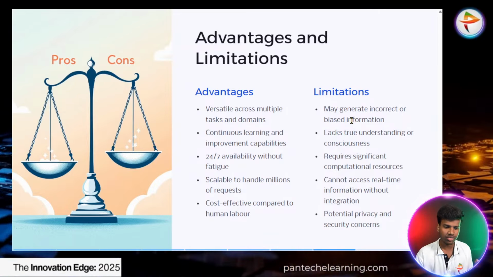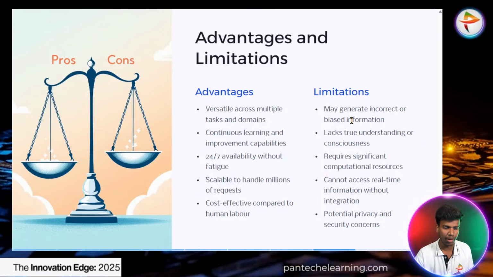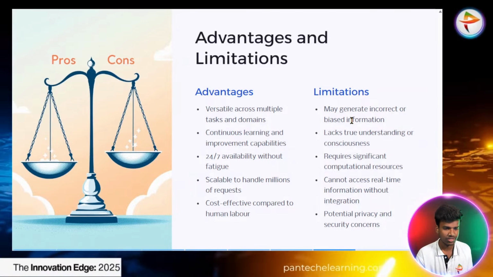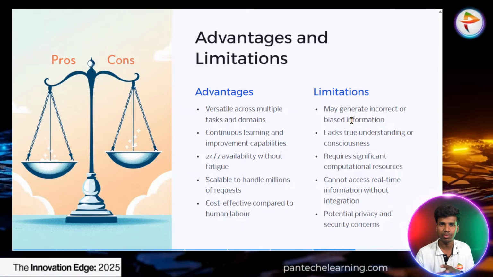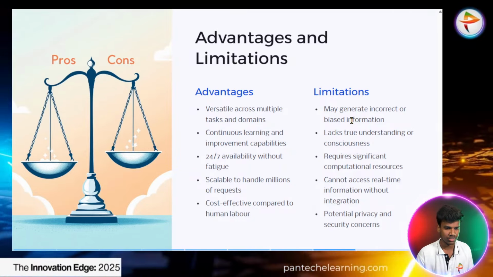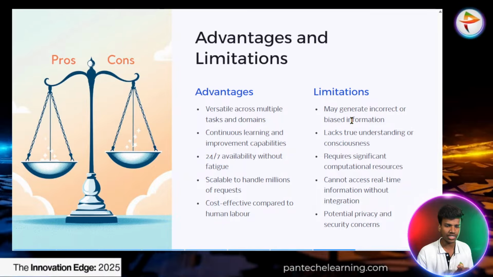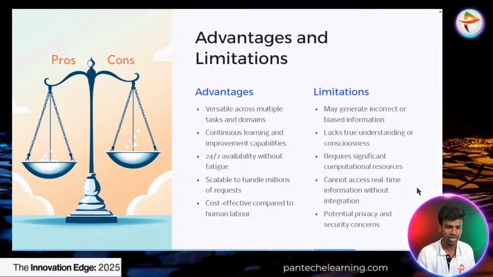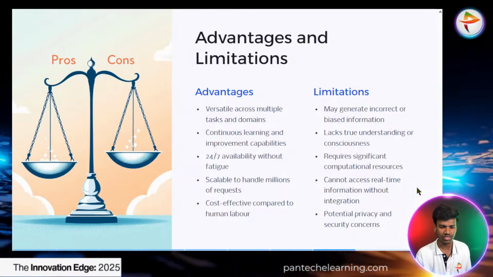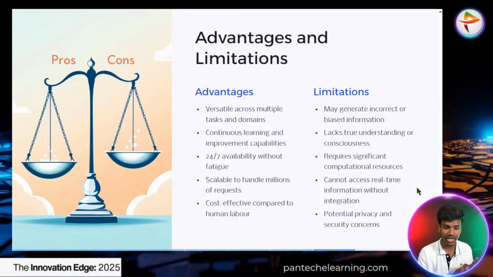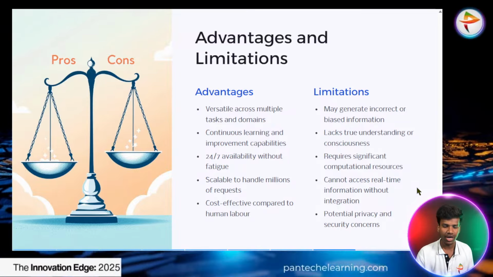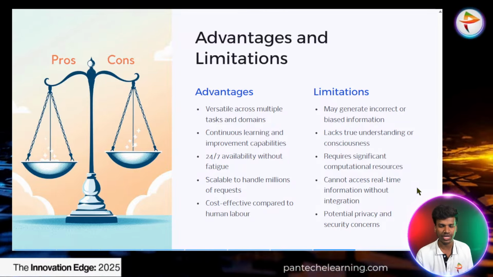And it is cost effective compared to human labor, of course, right? That is why everyone says AI can capture people's jobs, IT jobs. Limitations: it may generate incorrect or biased information, lacks true understanding or consciousness, requires significant computational resources, cannot access real-time information without integration, and has potential privacy and security concerns.